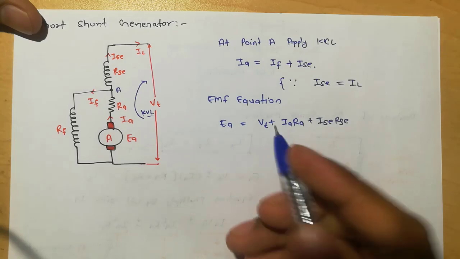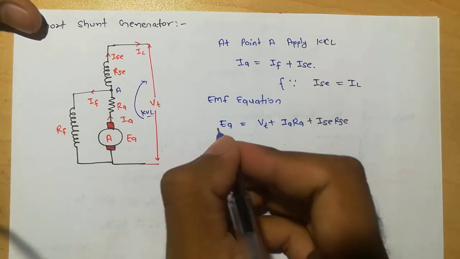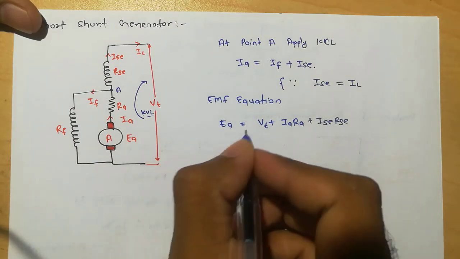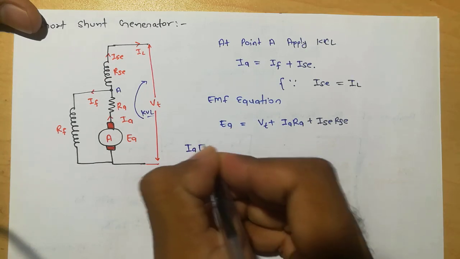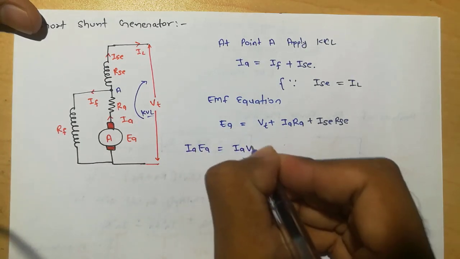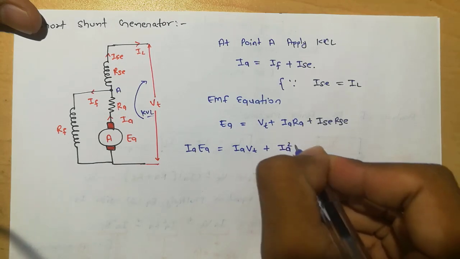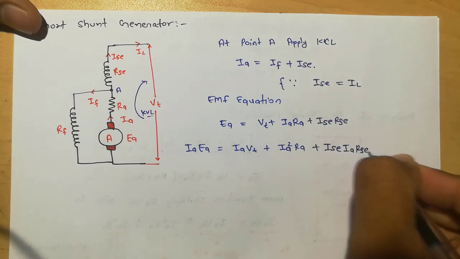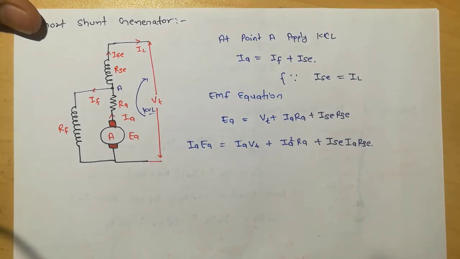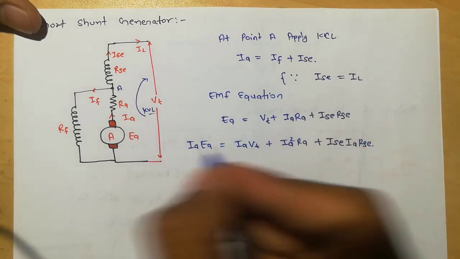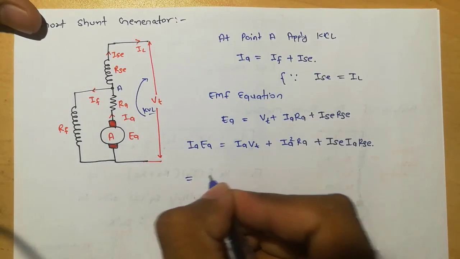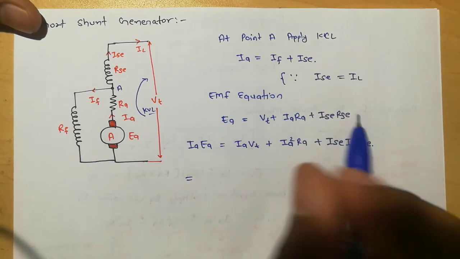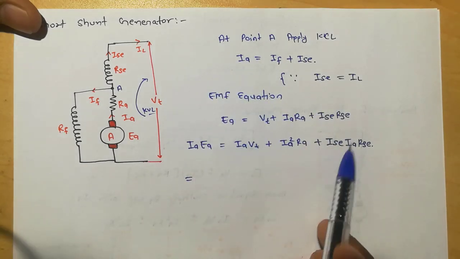Now talking about the power equation. We multiply this equation on both sides with Ia, the armature current. So Ia Ea is equal to Ia Vt plus Ia square Ra plus Ise Ia Rse. Now put the value of Ia here and here.